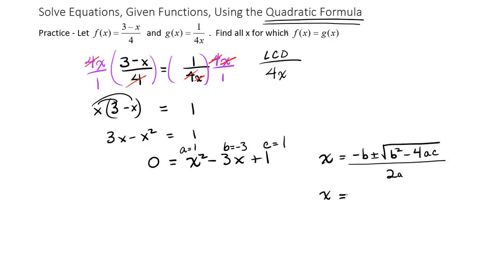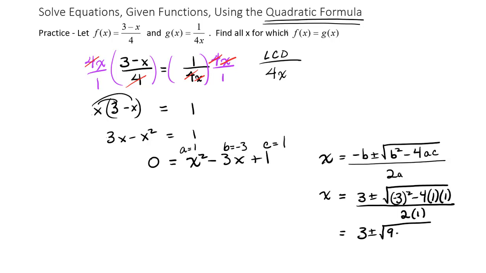This gives me x is equal to 3 plus or minus the square root of negative 3 squared minus 4 times 1 times 1, all over 2 times 1. Simplifying, I get 3 plus or minus the square root of 9 minus 4, all over 2.